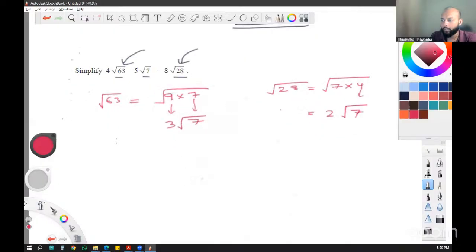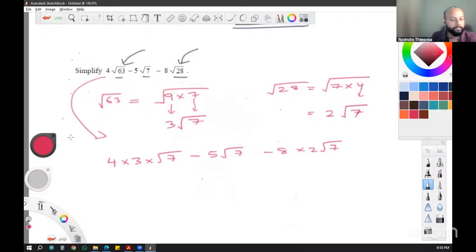So that means what we can write is 4 times 3 root 7 minus 5 root 7 minus 8 times 2 root 7, which will give you the same thing, right? Verify how 4 times 3 comes. This is the 4.